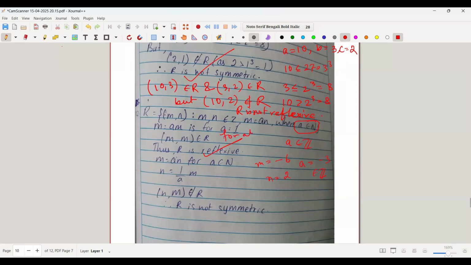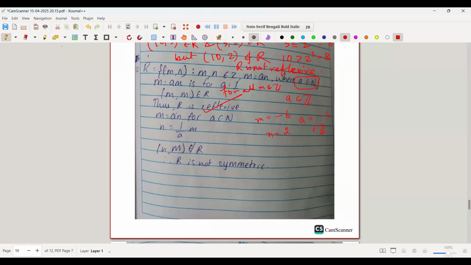It will be more precise if you write: m is equal to 1 into m for all m belongs to Z. That implies (m, m) belongs to R, and hence R is a reflexive relation. Okay, this is done.